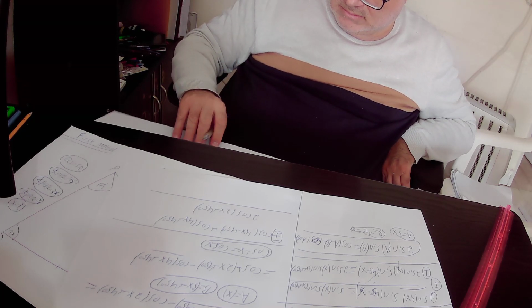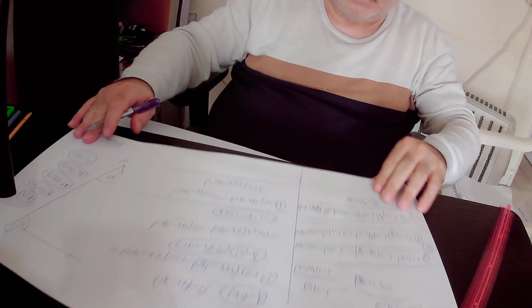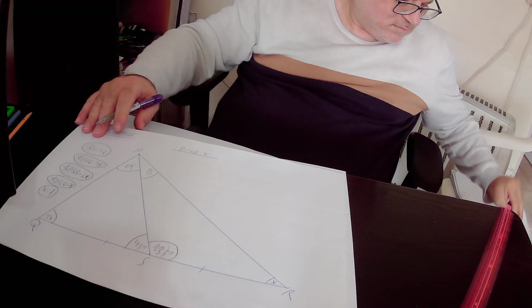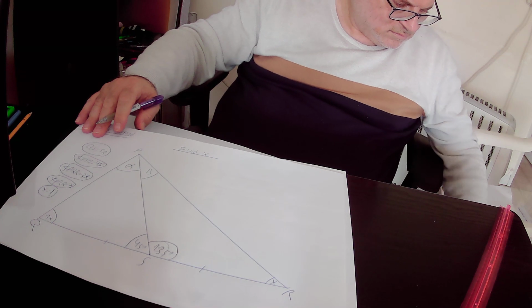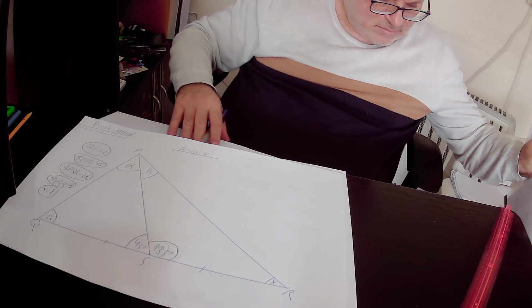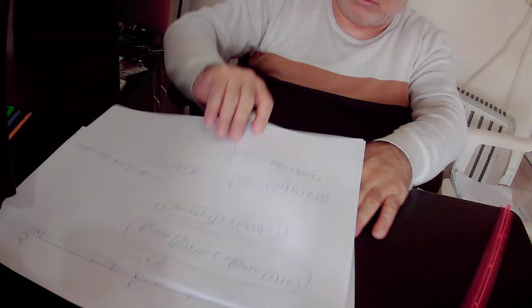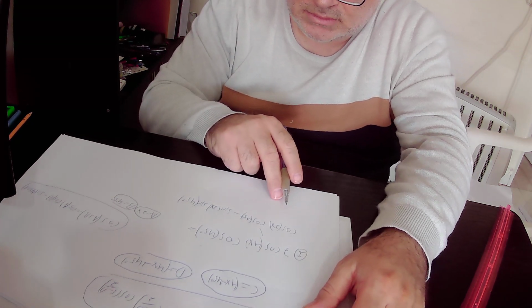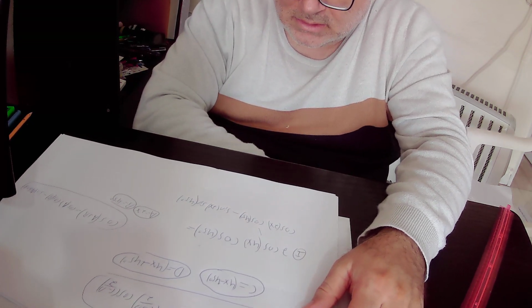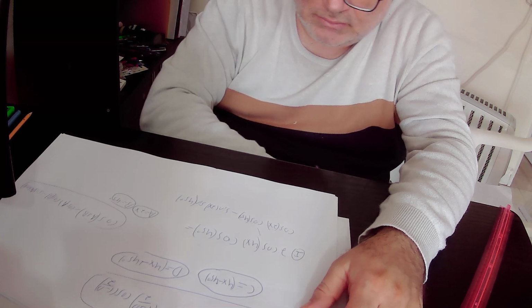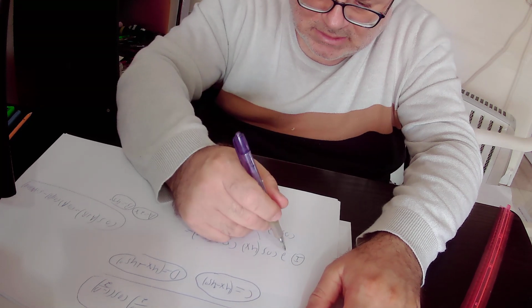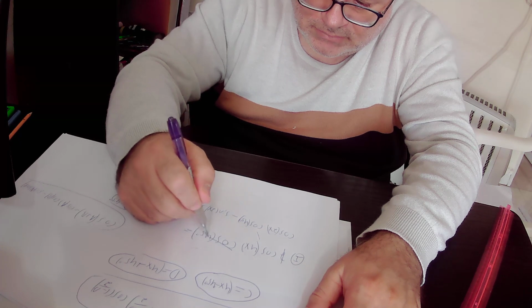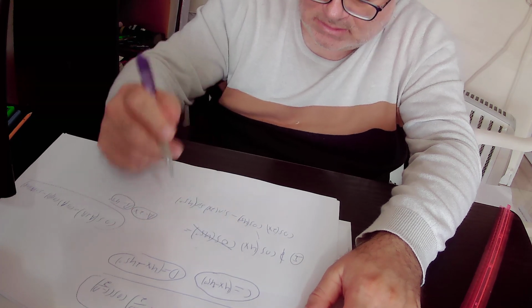So here we will divide equation number 1 by 2 cosine 45 degrees, and we'll get that here 2 cosine 45 degrees will cancel.